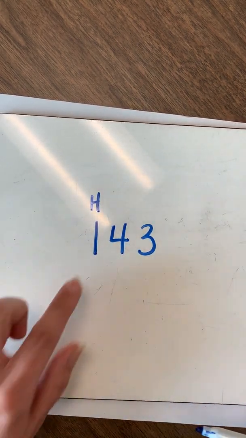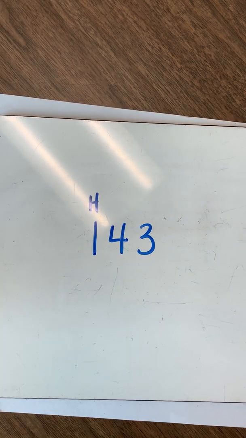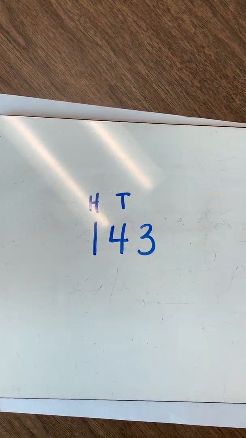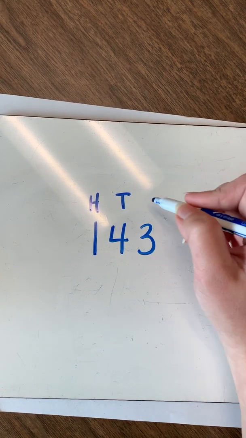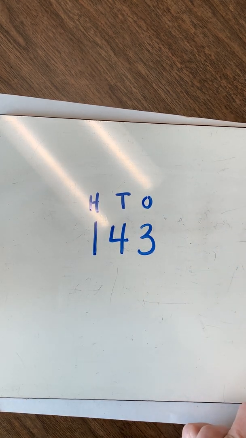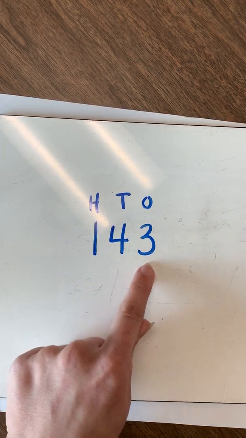The hundreds, number 1. Which digit tells us the number of tens? The 4. The tens is in the middle. And then the digit that's last are ones. 3 ones. Hundreds, tens, and ones.